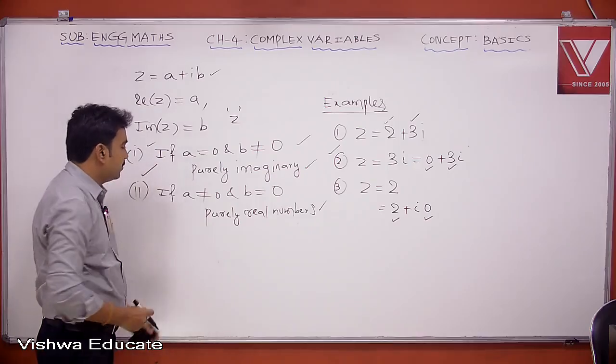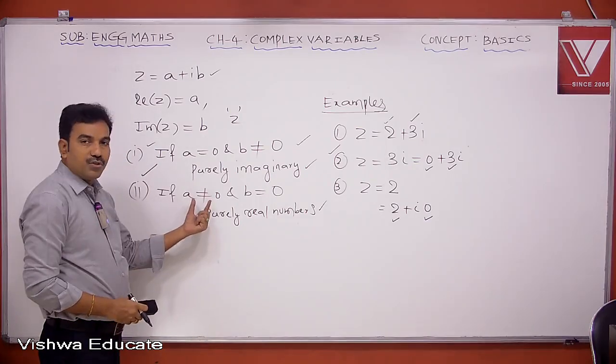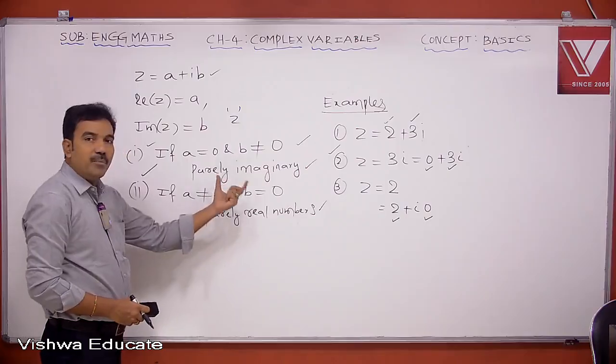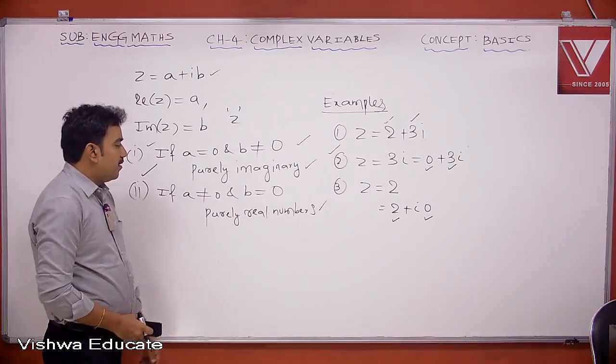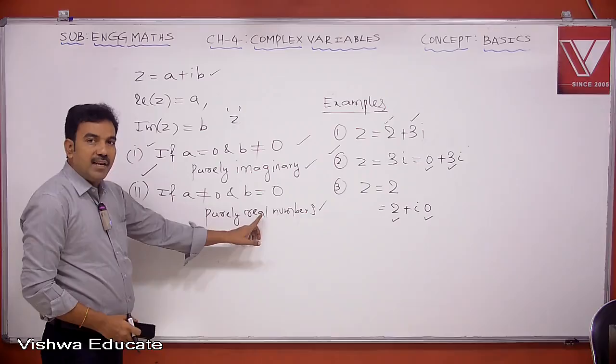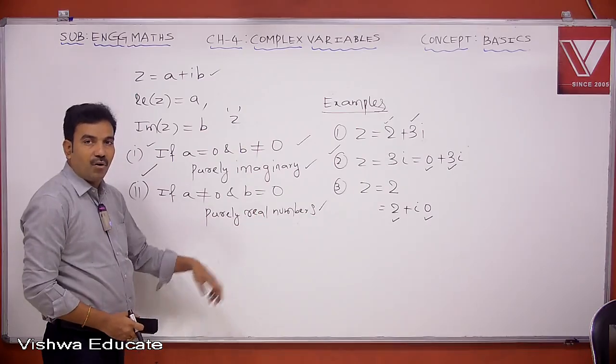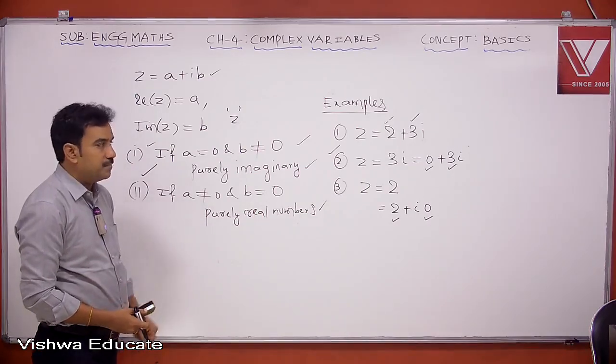Second note, if A not equal to 0 and B equal to 0, then Z is called a purely real number.